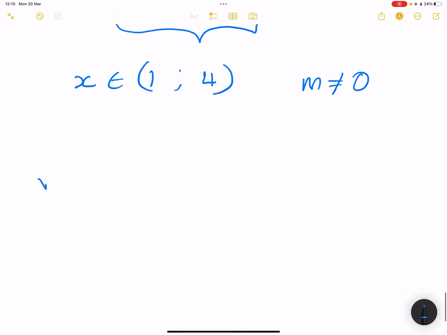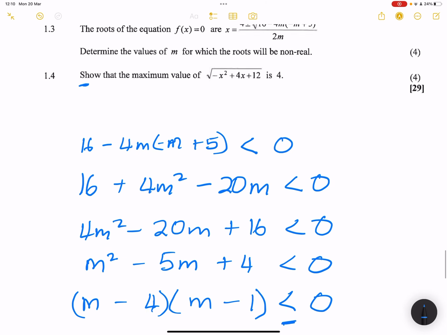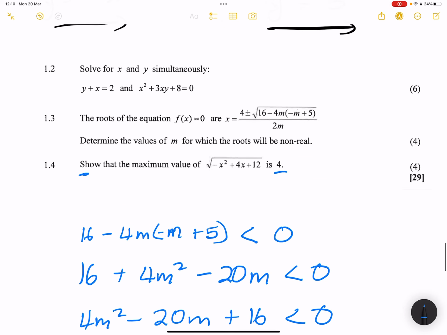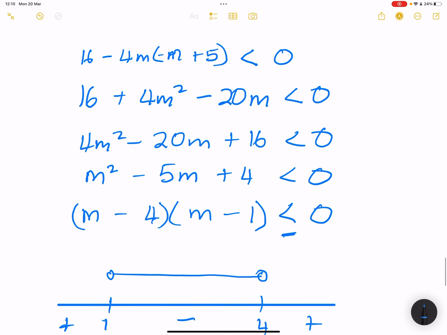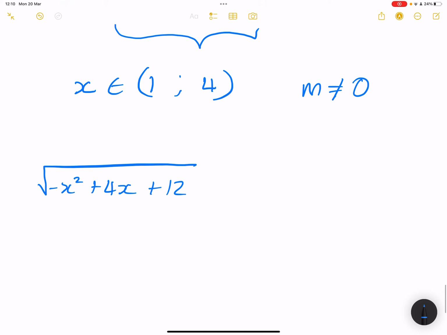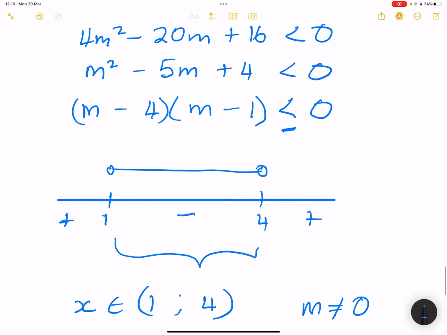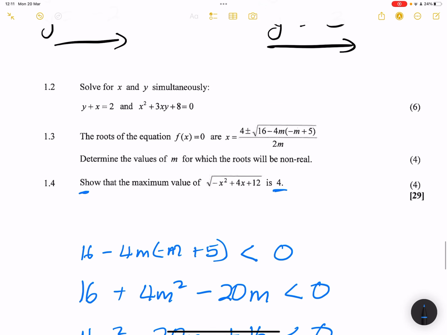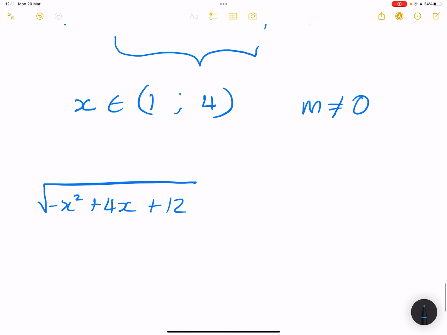So we've got an expression there, and they want us to prove that the maximum value in this case would be 4. That's 1.4, so I just wanted the number so that we know which one we're working on.